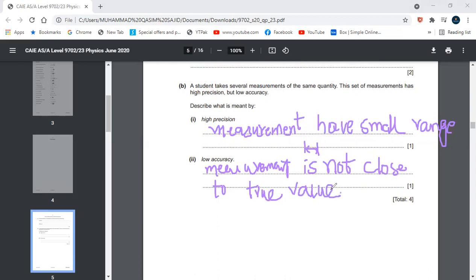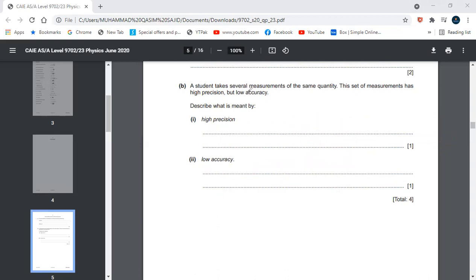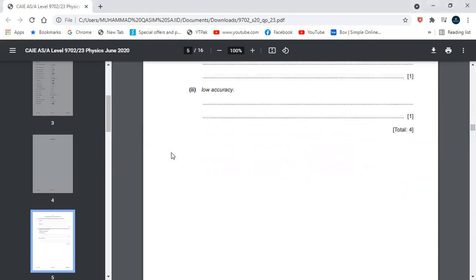So this is question number one. Moving towards question number two.